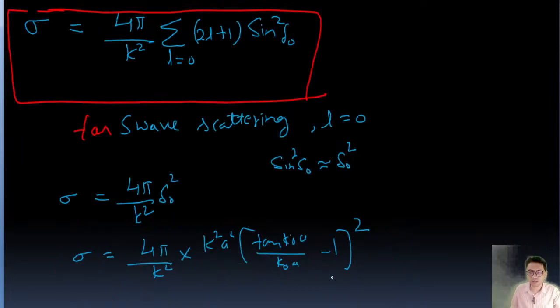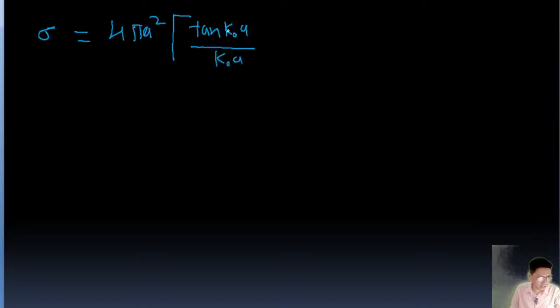K square will get cancelled, and the value of sigma for S scattering is going to be 4 pi A square into tan K naught A upon K naught A minus 1 whole square.